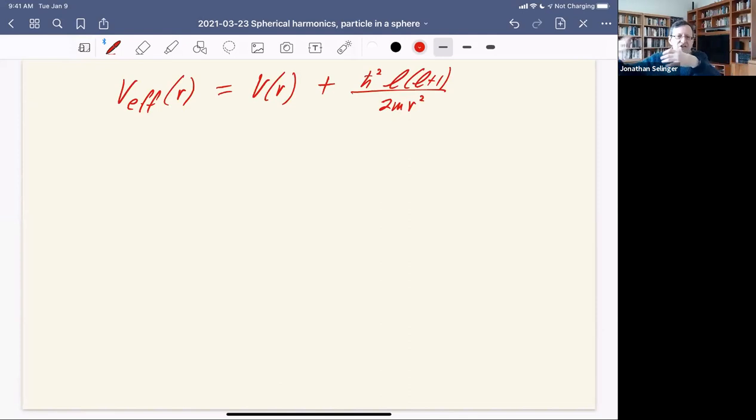It's kind of like the centrifugal force effect, right? And so that's what this is. So this is a centrifugal term, which is related to angular momentum.